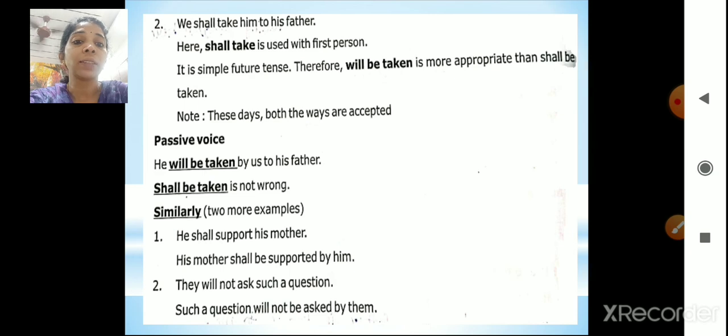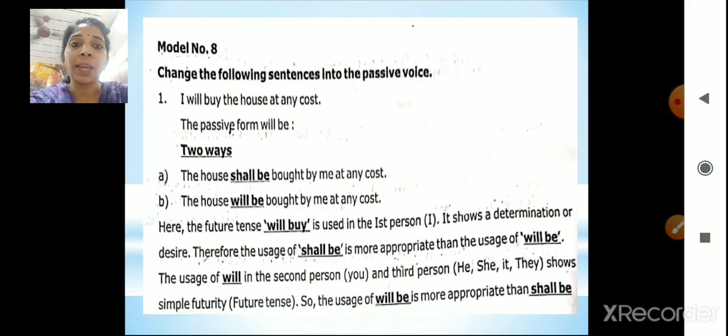They will not ask such a question. Such a question will not be asked by them. So students, let me summarize this model for you. As per model number 8, if the usage of the sentence has will, in that case when we change the sentence from active to passive voice, the usage of shall be is more appropriate than the usage of will be if it is in the first person.